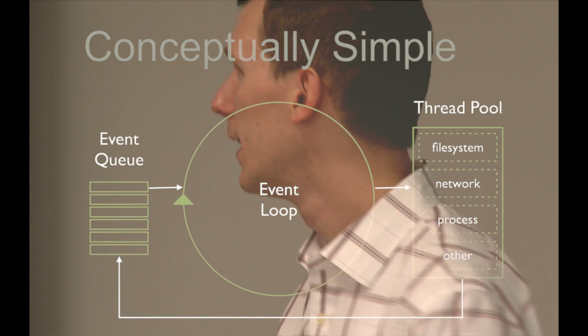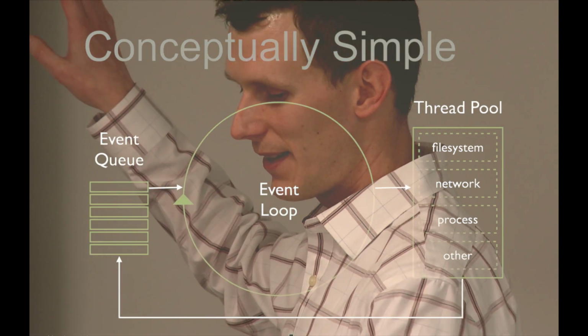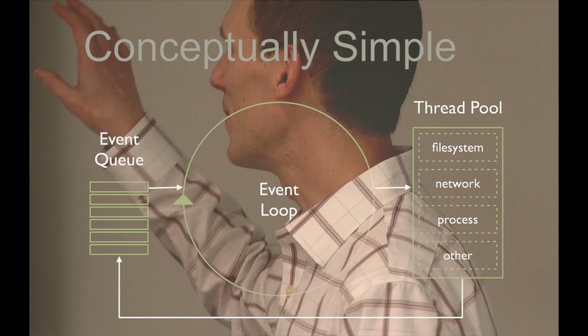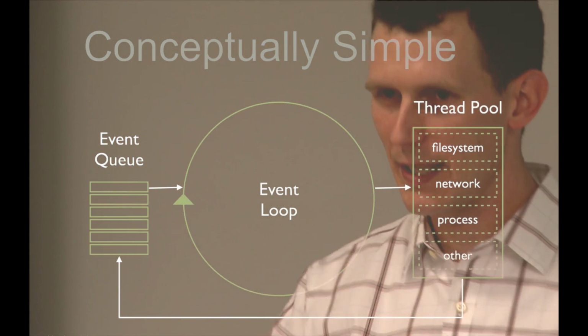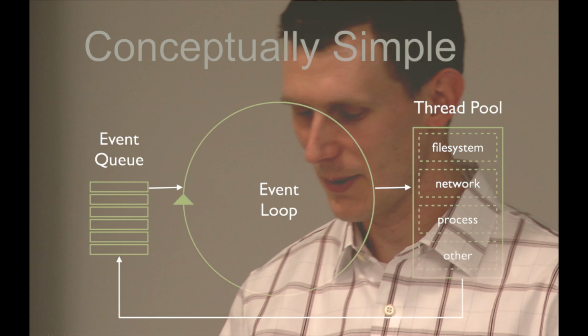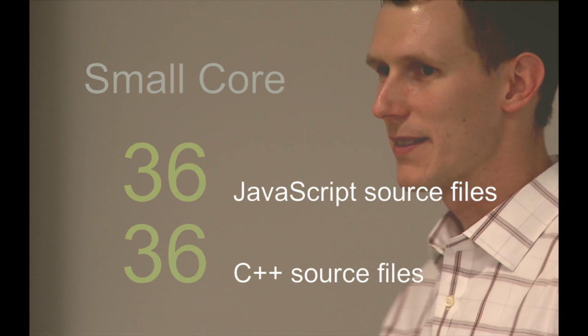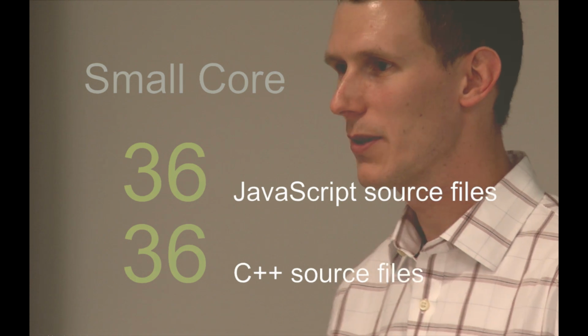Okay, so one thing, would you guys agree with me, at least, maybe I'm completely mistaken, but conceptually, does it seem fairly simple? Yes, I'm seeing some nods. Okay, I have to agree. So I think that's a benefit. I was shocked by this. It's really pretty small. The core is really small.